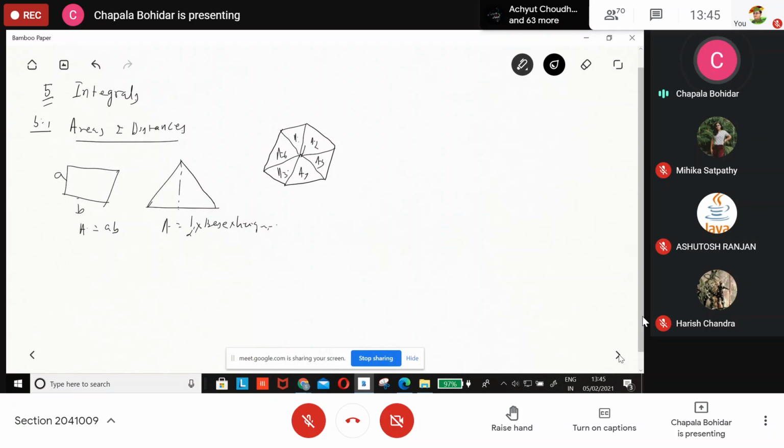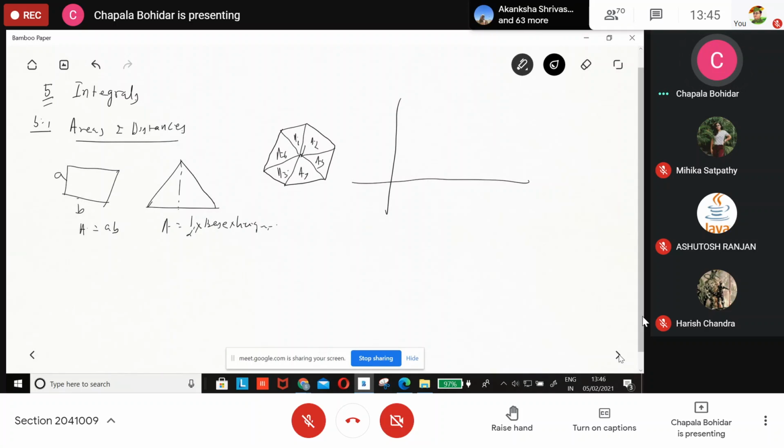Find the area of each triangle, then add them, and we get the area of this curve. It is hexagonal. Okay, area of this curve.